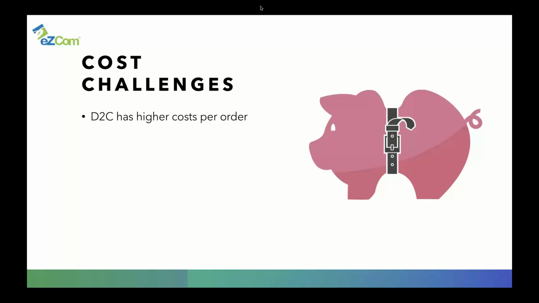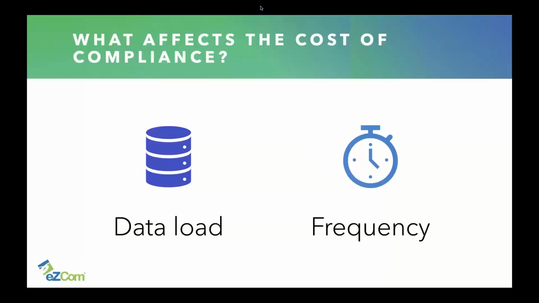So the cost of EDI is spread out across more sellable units. Regarding the 846, there are two components that affect the cost of compliance: the amount of data each 846 feed contains, and the frequency of your 846 transmissions.